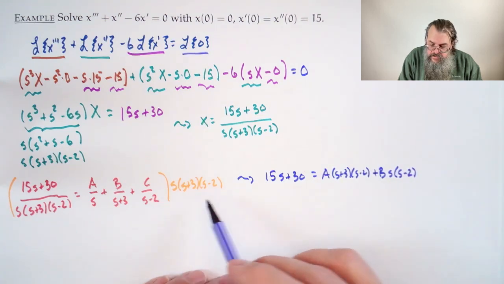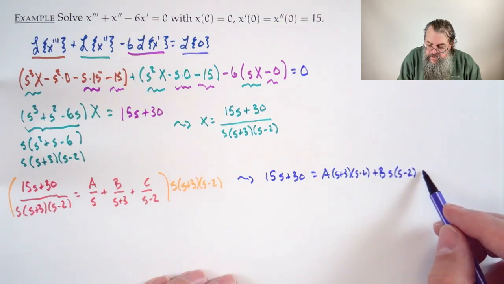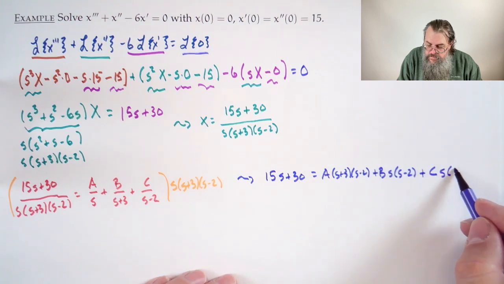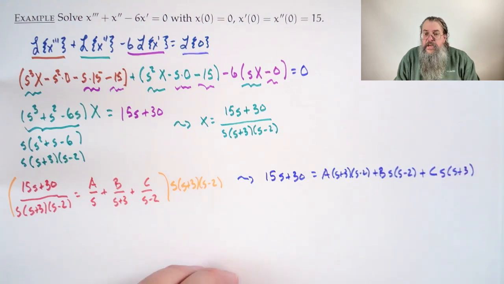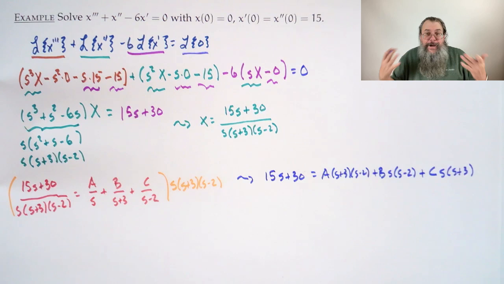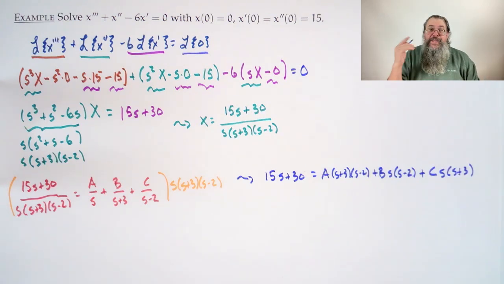And for c, the s minus 2 terms cancel, so we get c times s plus 3. And we're in our sort of happy place because this problem is ideal for pick a number and evaluate. So what do I mean by that? Well, I mean, make good choices, right?